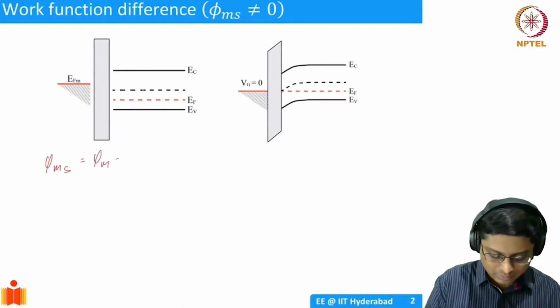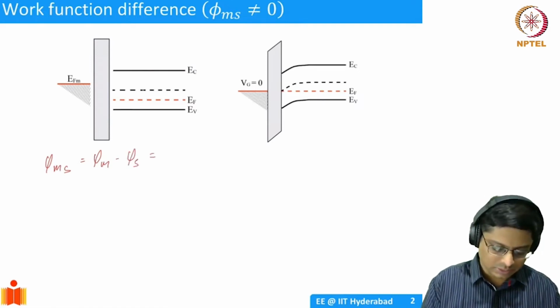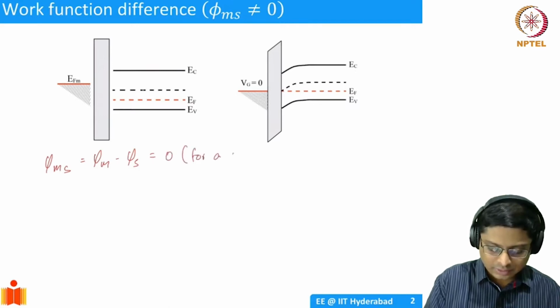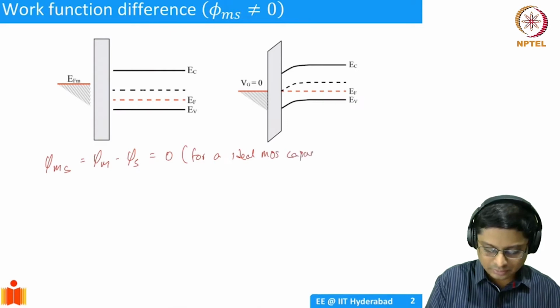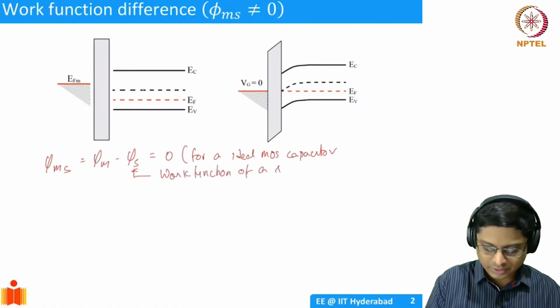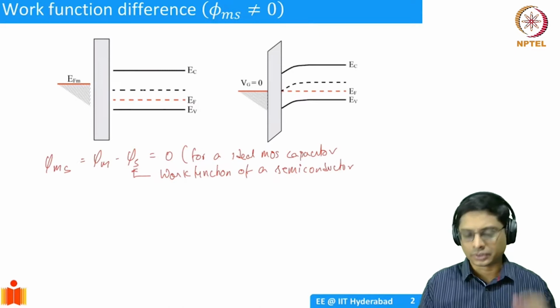So phi m minus phi s is equal to 0 for an ideal MOS capacitor. By the way, phi s is basically the work function of a semiconductor. So phi ms is 0.